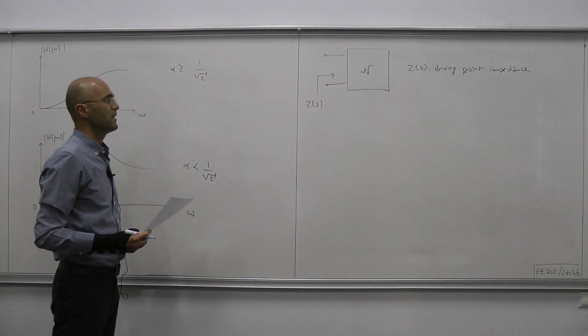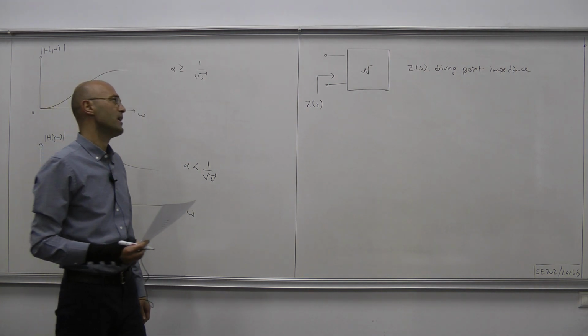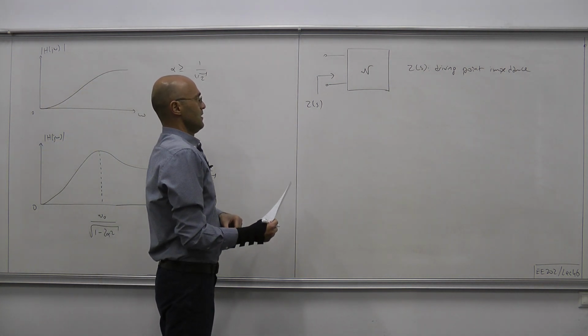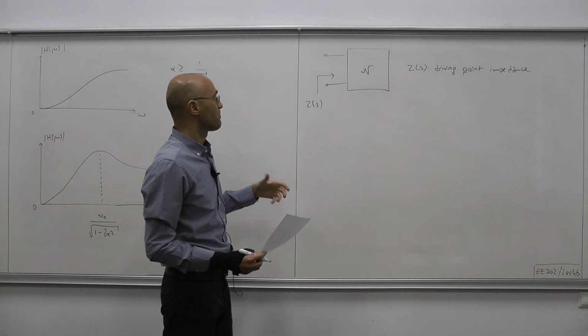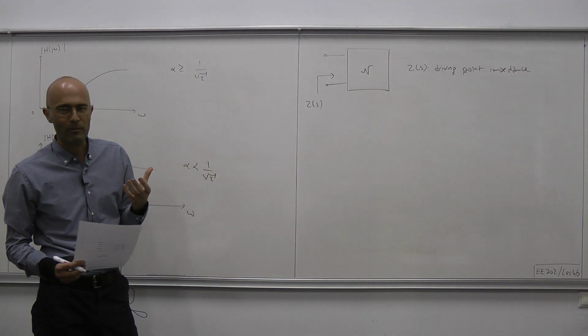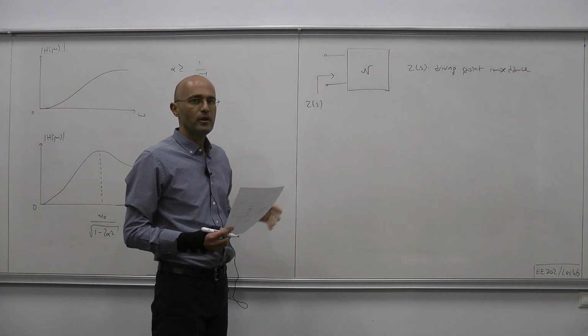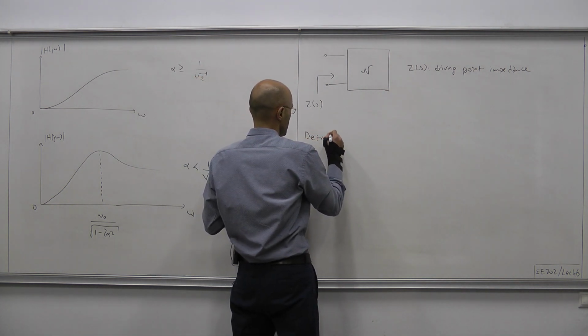Now for this one port, for this circuit, the resonant frequency is defined as the frequency or frequencies at which Z(j omega), generally a complex number, becomes purely real. So it's a very straightforward definition.